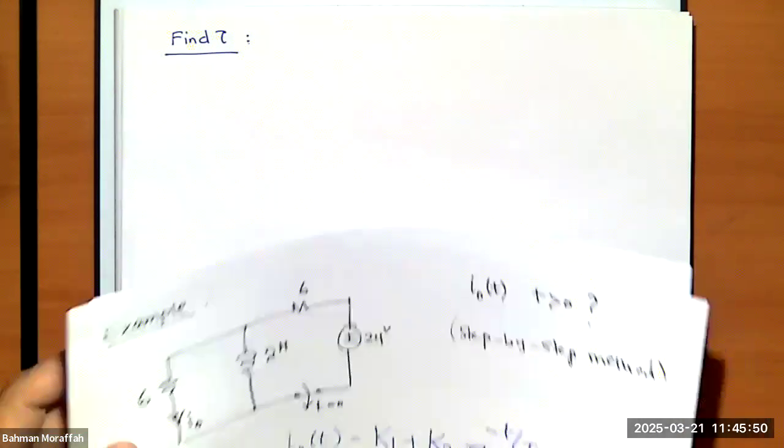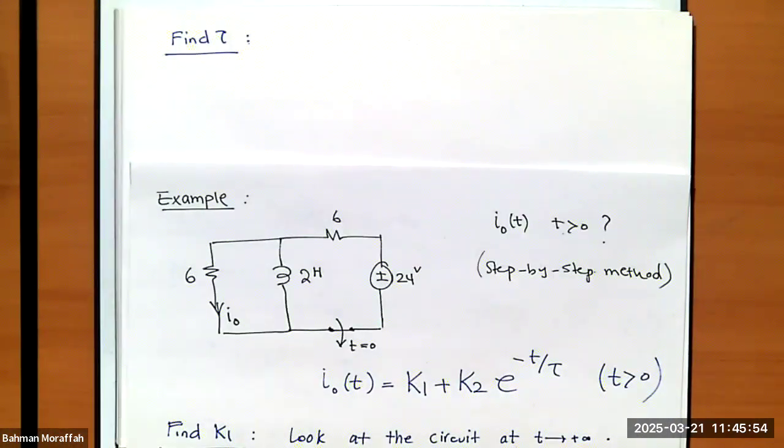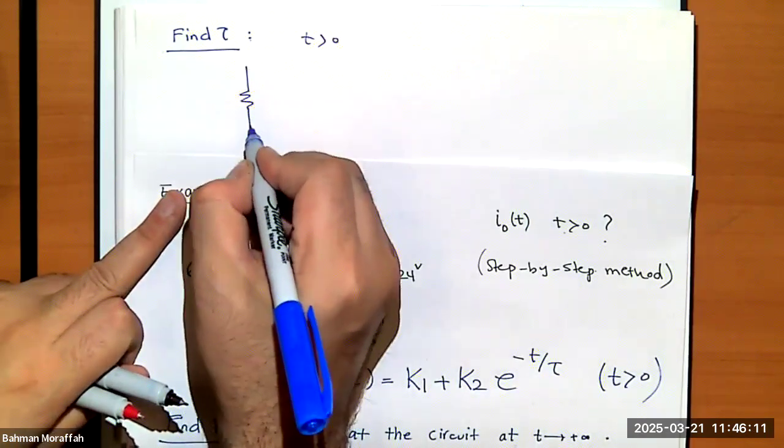So how do we find tau? Again, we have to find tau for all times that are greater than 0. So we're going to look at the circuit at time greater than 0. We're going to think of the inductor as our load and the rest of the circuit as the black box and find our Thevenin. For time greater than 0, my circuit looks like this.